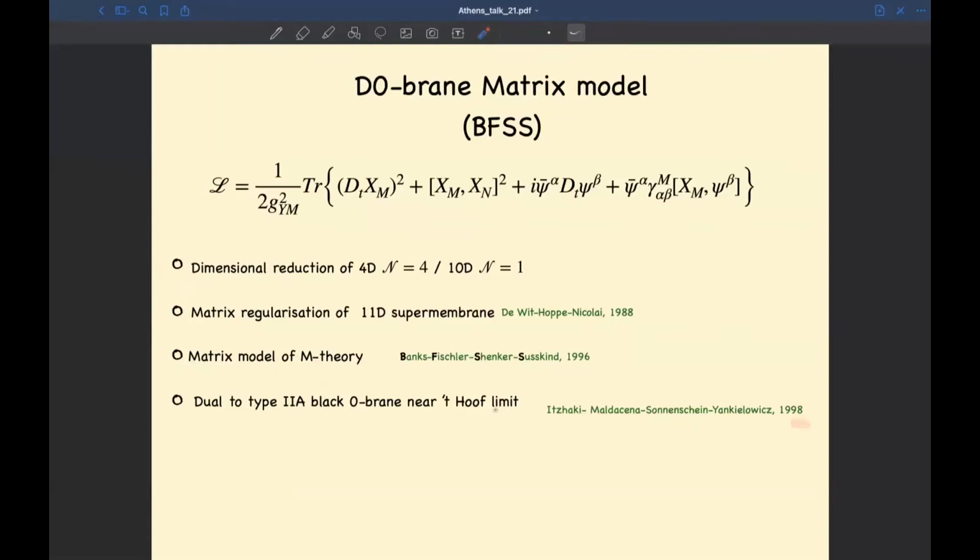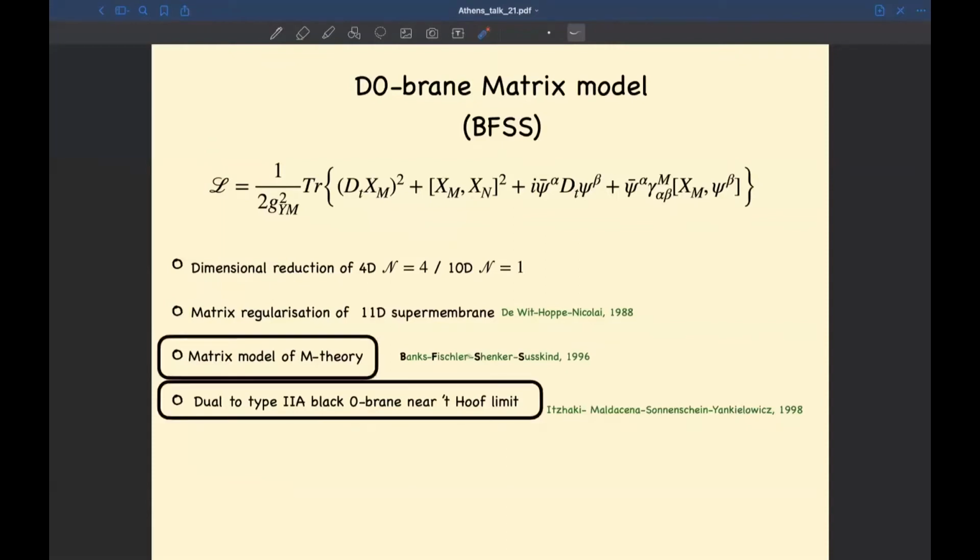Again, 2 years later, after the appearance of the Maldacena duality, a work by Itzhaki, Maldacena, Sonnenschein, and Yankielowicz suggested that this model can be related to a geometry known as the type IIA black zero brane in the strong coupling limit. So today, of course, we will focus on these 2 particular cases.